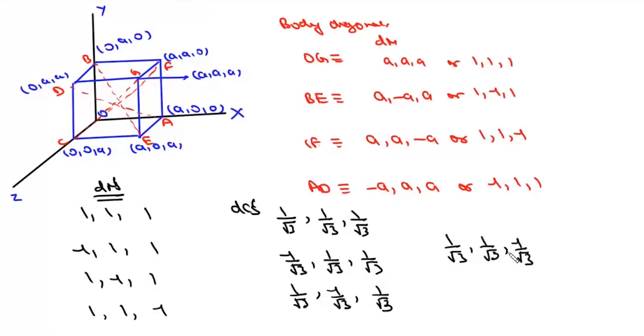So for questions involving body diagonals of a cube, we are going to use these as direction ratios and direction cosines.